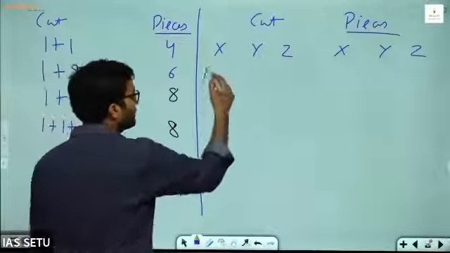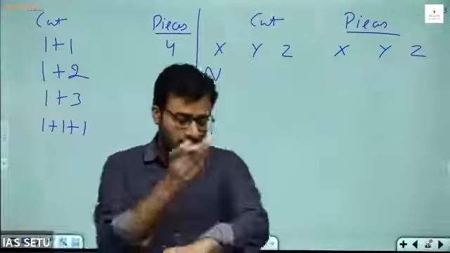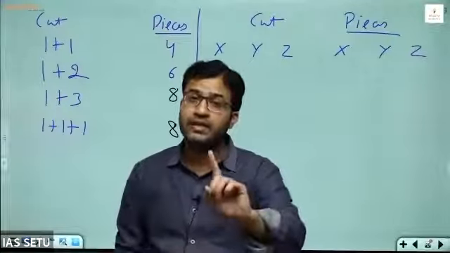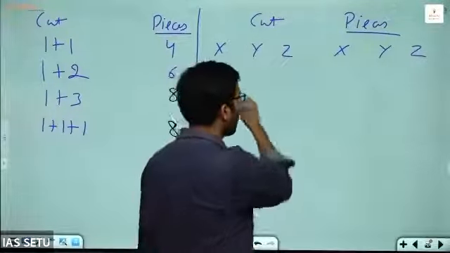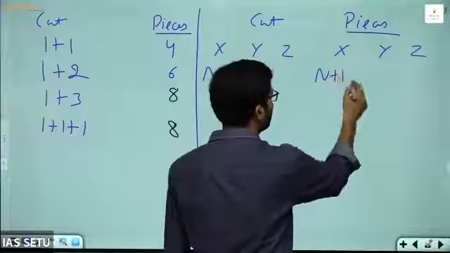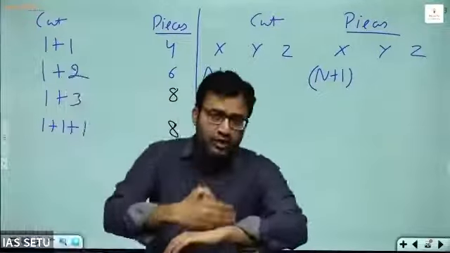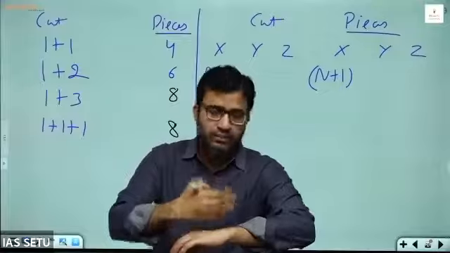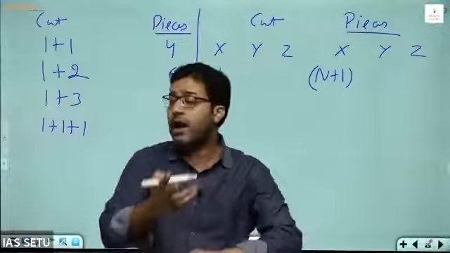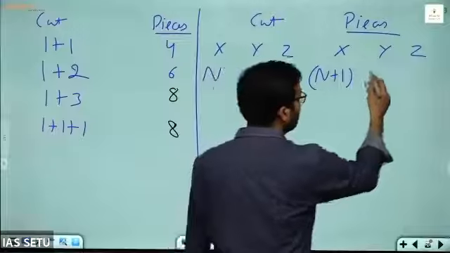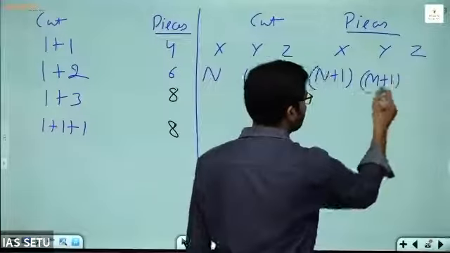If on the X axis the examiner asks you to put n cuts, if you put n cuts, the number of pieces along the X axis will be n plus 1. N cuts give you n plus 1 pieces. If you put m cuts on the Y axis, it will give you m plus 1 pieces along the Y axis.